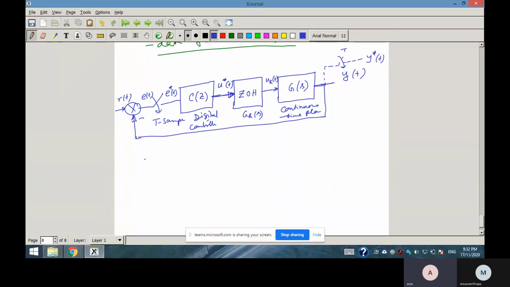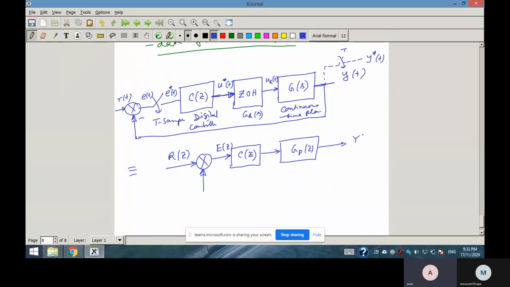So here, what is my plant? This is my controller. So I can write it like this. This is your R(z), this is your E(z), and then your C(z), and then this is your Gp(z).